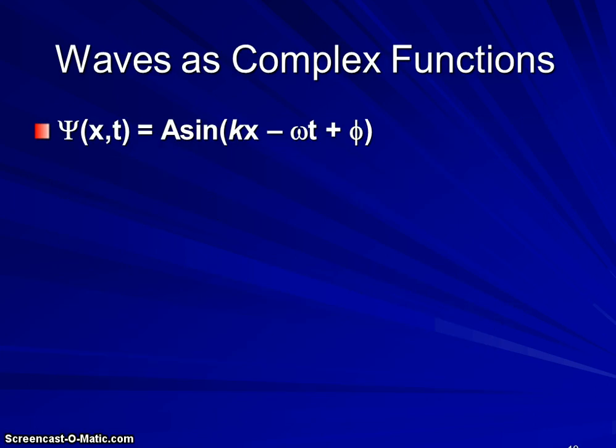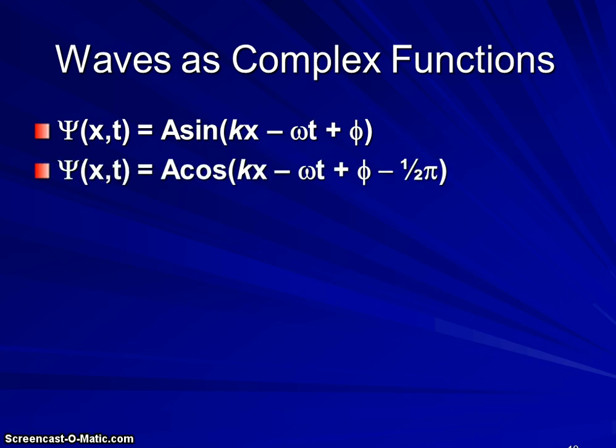Now, one other thing that comes up quite a bit in quantum mechanics is this idea of complex numbers or complex functions, and that's because these two functions that we've written are algebraically equivalent.